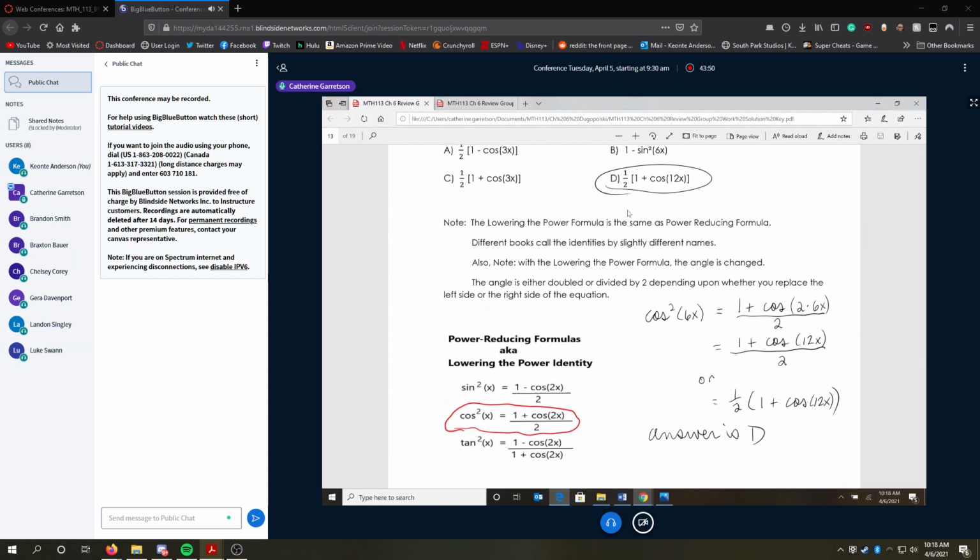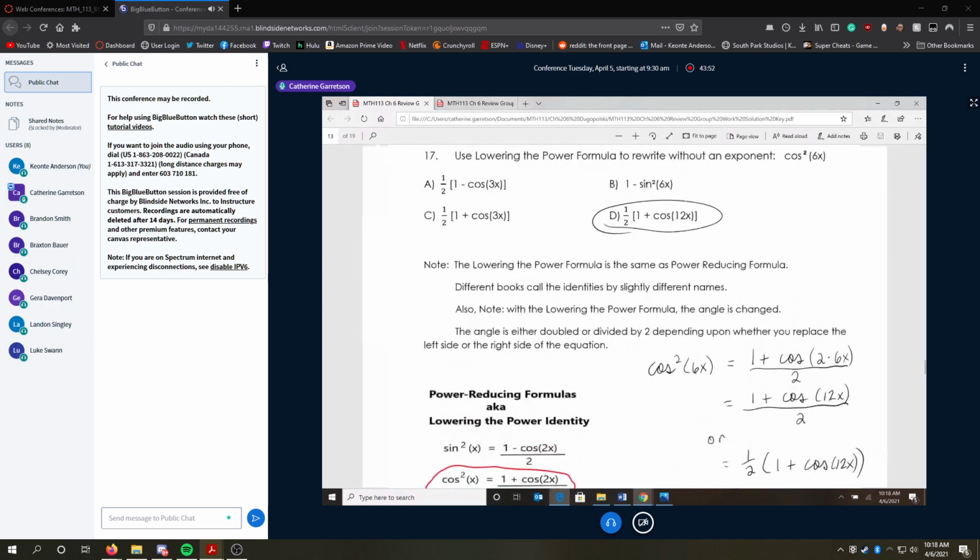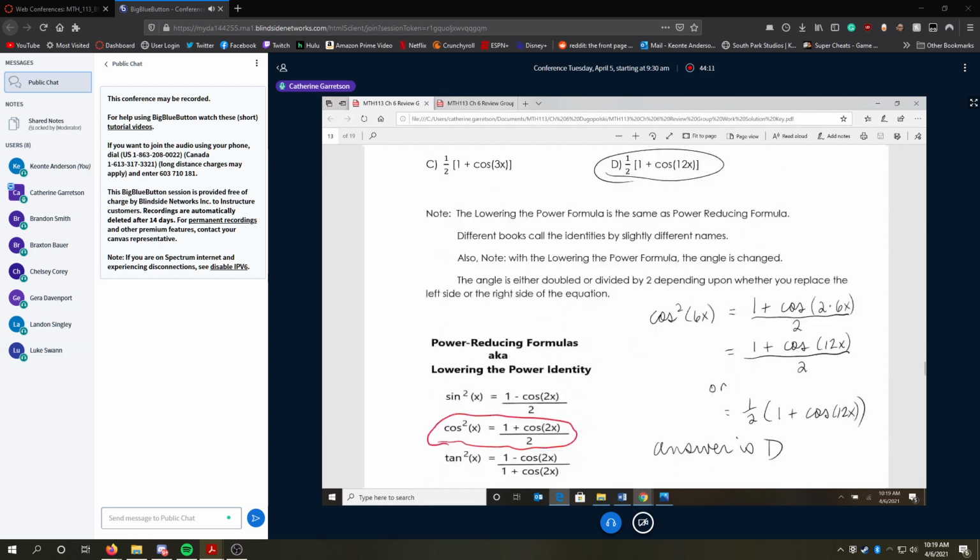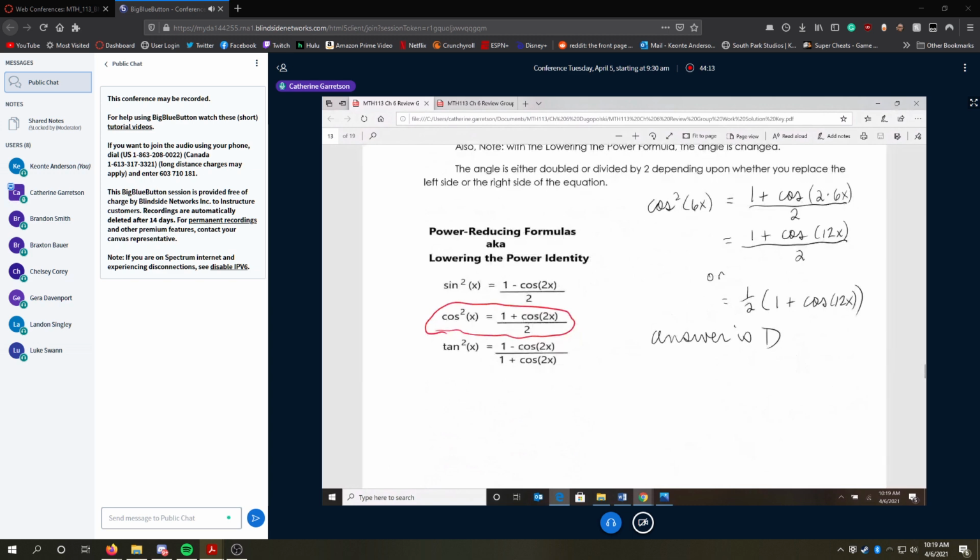Be careful because in your answer choices, you'll often see the angle doubled or the angle left the same or the angle cut in half. And if you use the wrong one and you use the one for the sine, it would have a subtract sign there. So you've got to be careful that you choose the right one for the cosine squared.